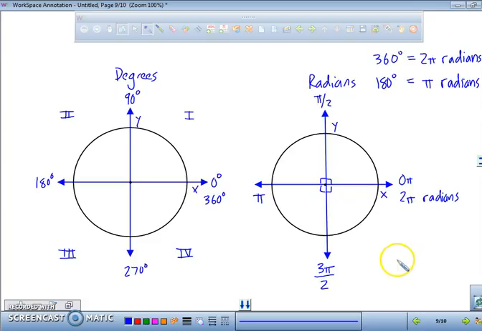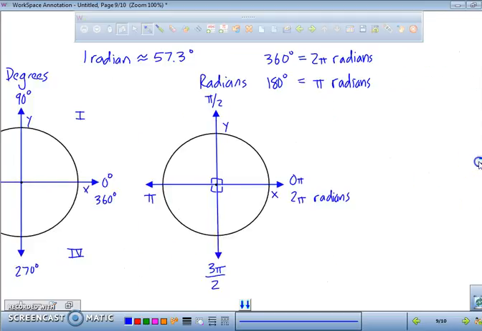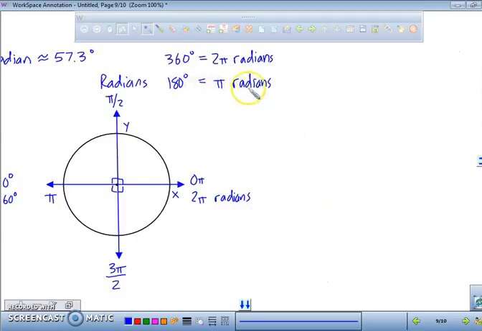Now, you're going to probably have this: 1 radian is approximately equal to 57.3 degrees. All right? If you're wondering, how did we get that? Look at this right here.